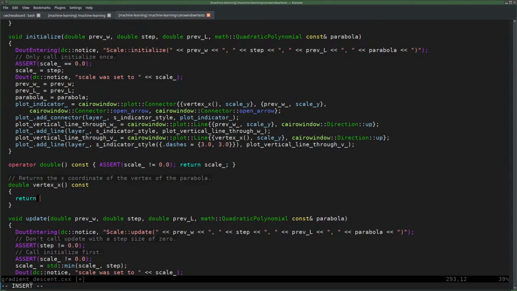Some minus b divided by 2a or something.